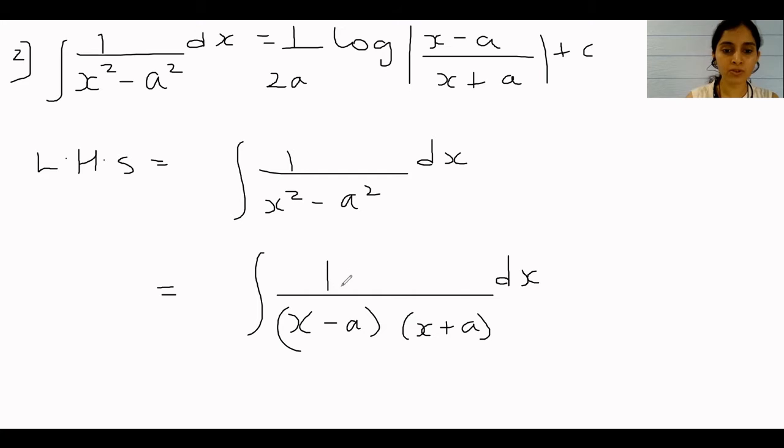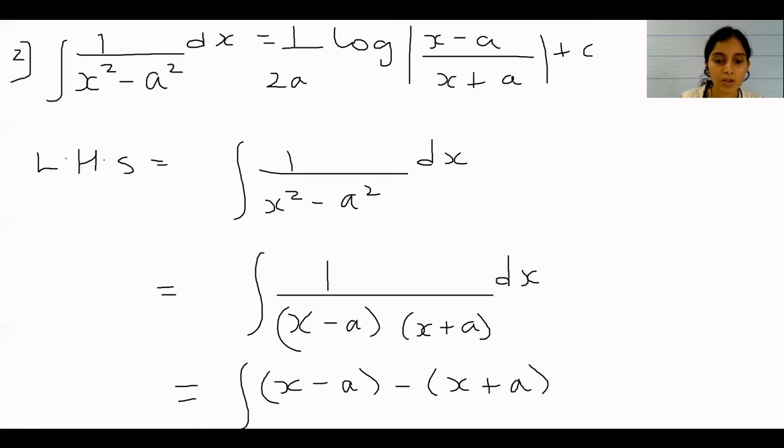So I'll put this over here in place of 1. Okay, let's see, does that work? Integral of x minus a minus... Now since this is giving me minus 2a, I want a positive value. So what I'll do is I will write x plus a first.